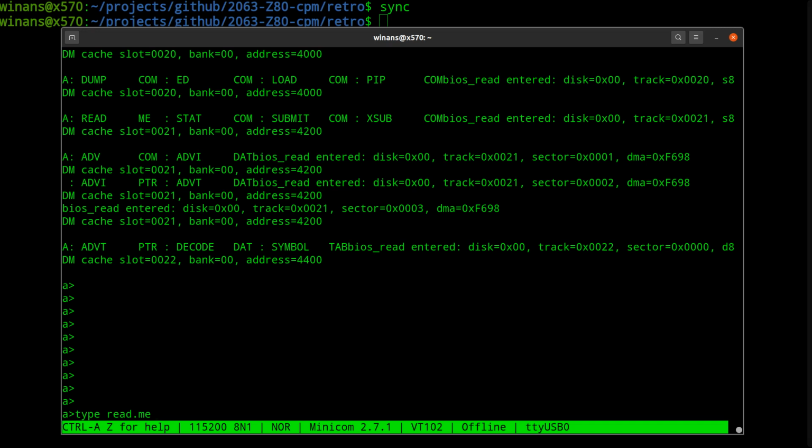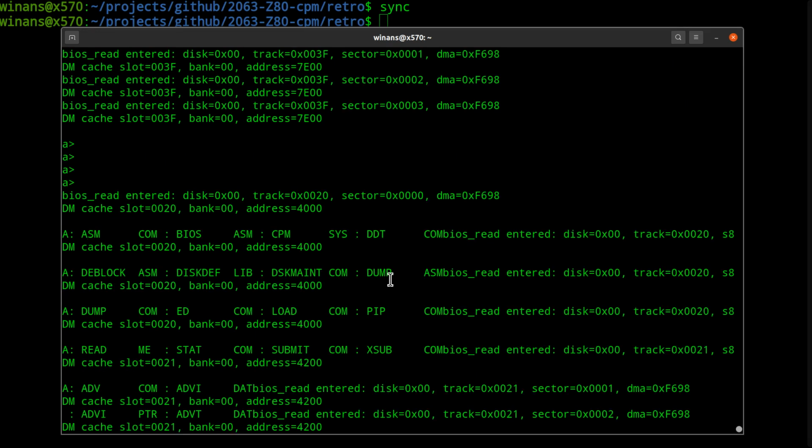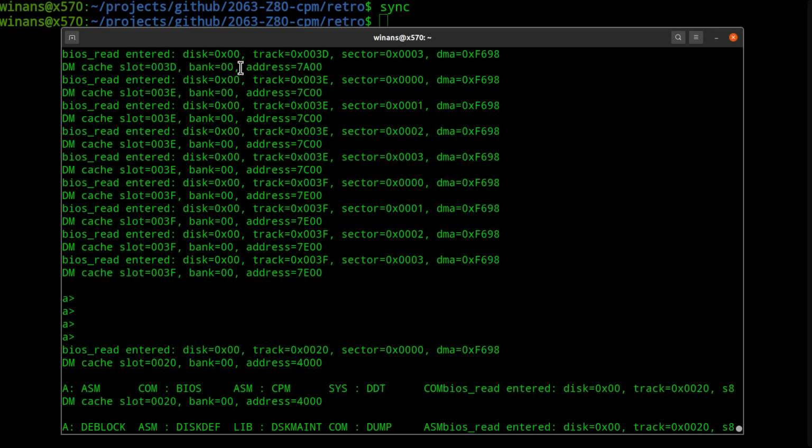Now, this is an interesting thing because if you think about it, the directory sits in the second 16K worth of data in our file system, in the disk partition, okay? And remember, when we're reading them all up here, it read in and put all the slots in, and it ends at 3F. This is the last slot number that's in bank 0 in our cache.